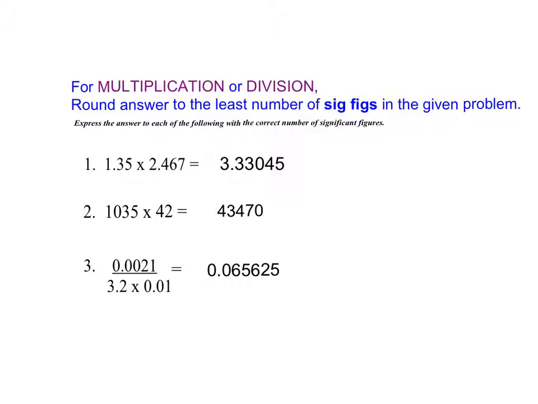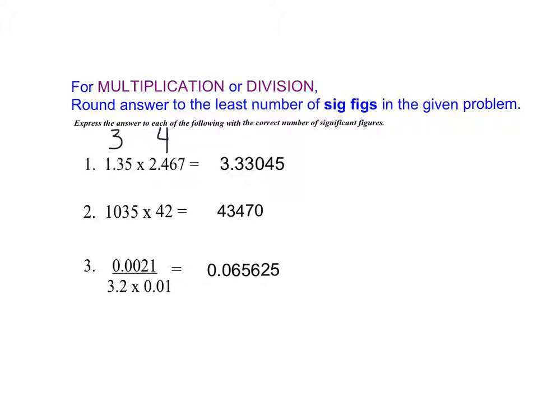So number 1 says 1.35 times 2.467. And when you do that in your calculator, it spits out a long string of numbers, 3.33045. But when you give your final answer, you can only be as confident as you have the precision and the significant figures to be confident in. Well, 1.35 has three significant figures, the 1, the 3, and the 5. 2.467 has four significant figures, the 2, the 4, the 6, and the 7.